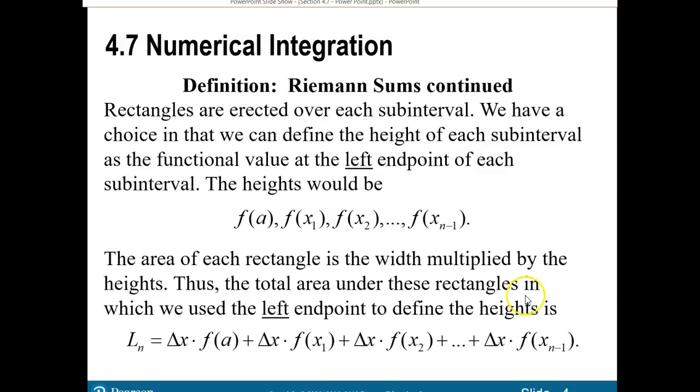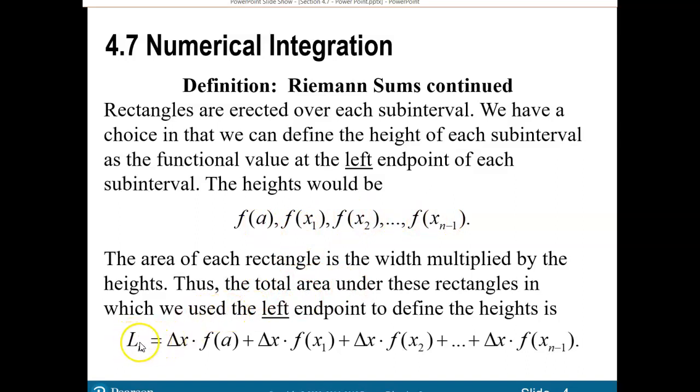So if you use a left endpoint for each subinterval, the first left endpoint would be your a, the beginning. So you find f of a, then f of x1, all the way up to the n minus first. This is how we did it back in the earlier section in this chapter. The area of each rectangle is the width, which is your delta x, multiplied by the heights, giving you the total area under these rectangles using left endpoint.